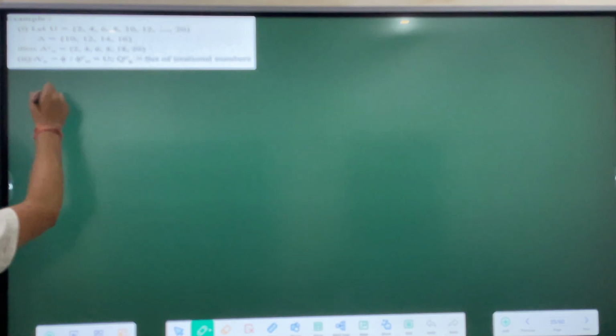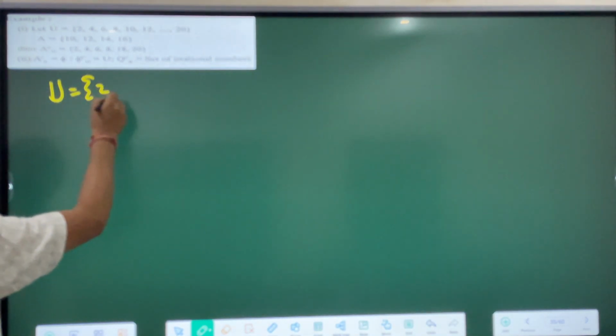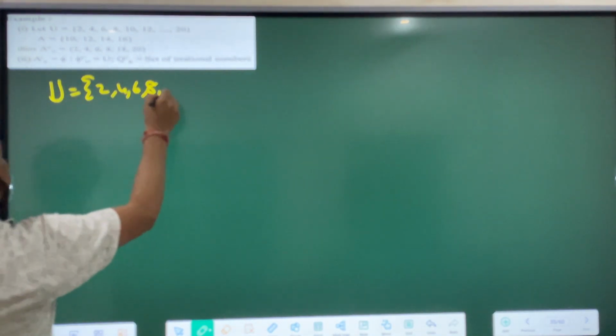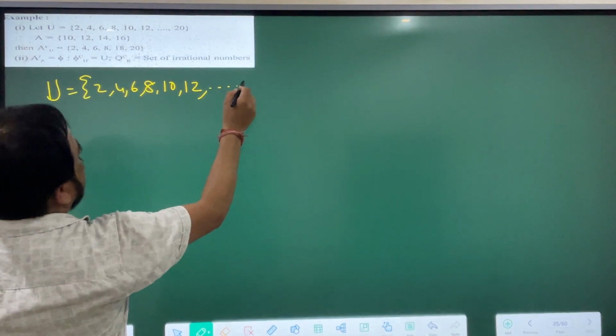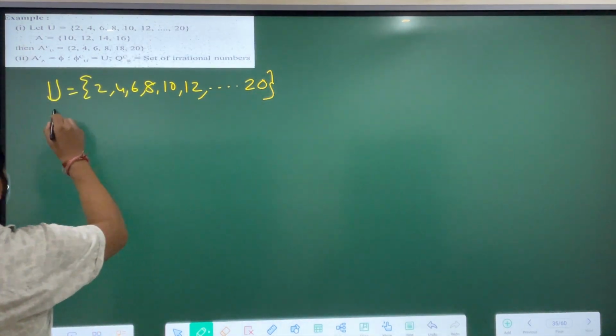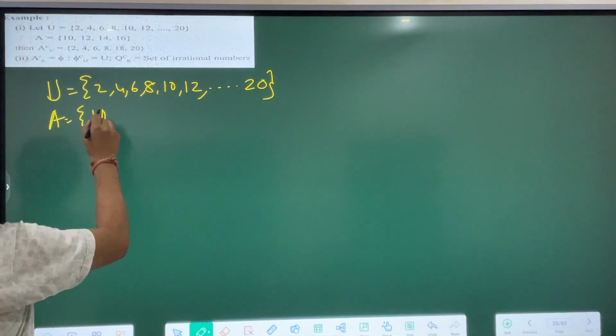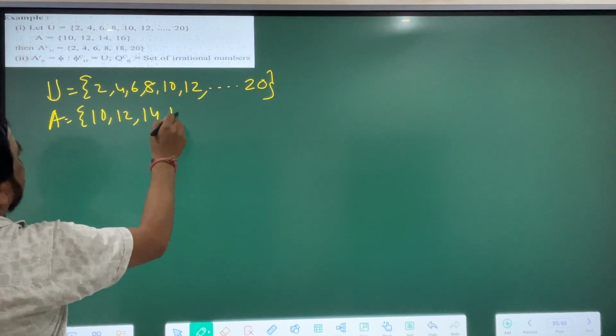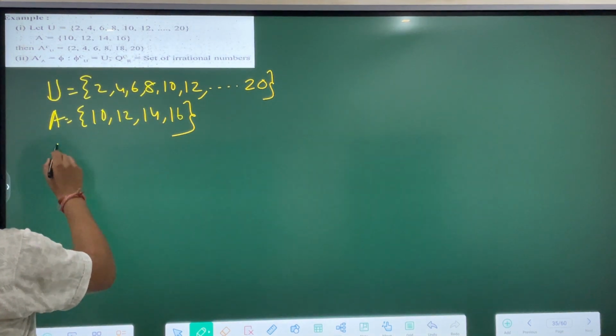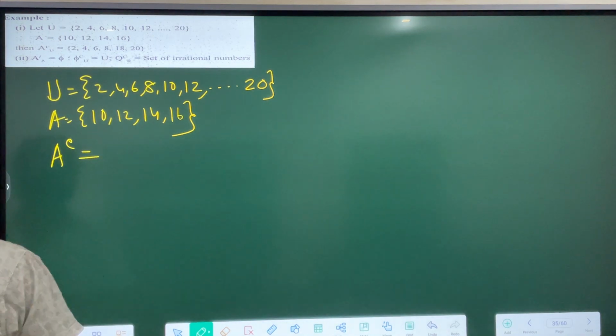Here an example is there. U is 2, 4, 6, 8, 10, 12 till 20. A is given as 10, 12, 14, 16. And A complement we have to find out.